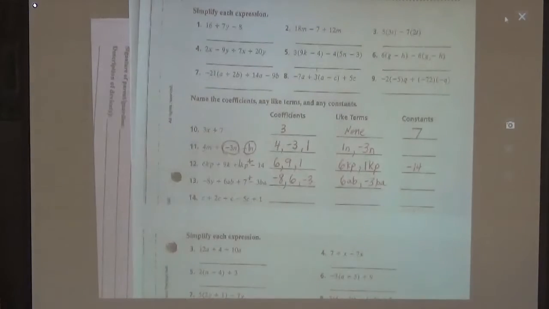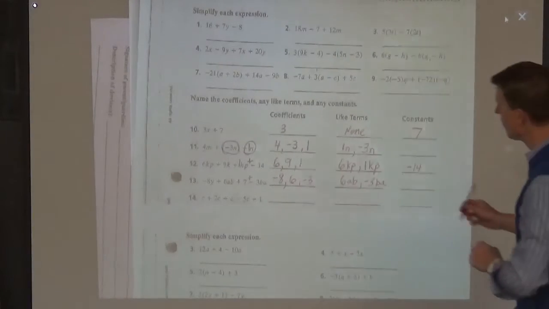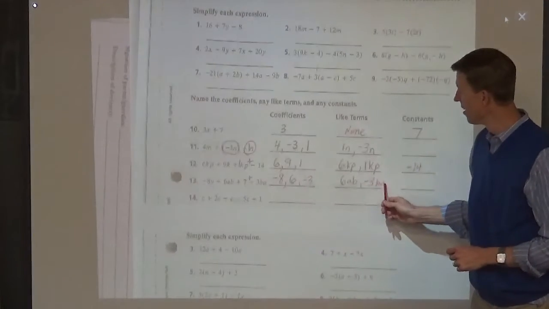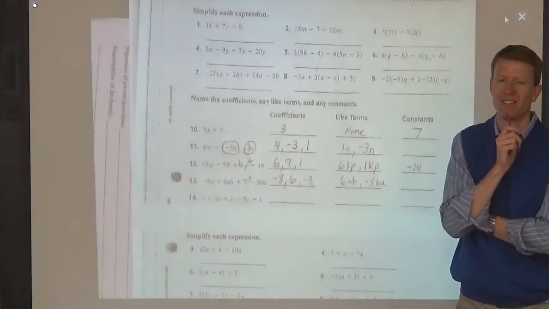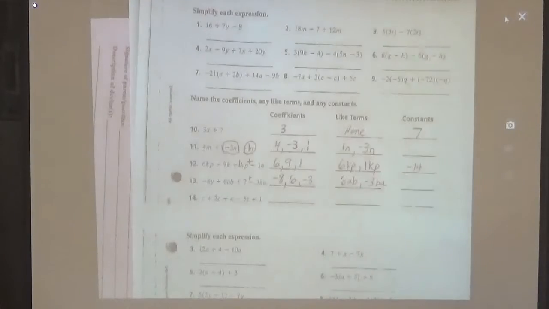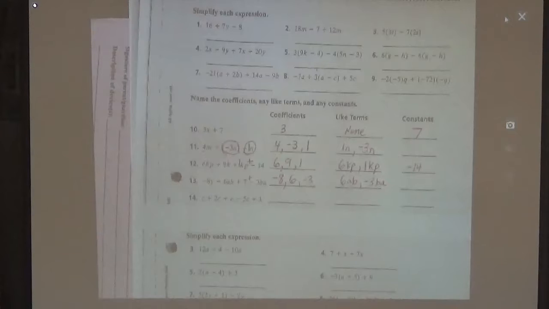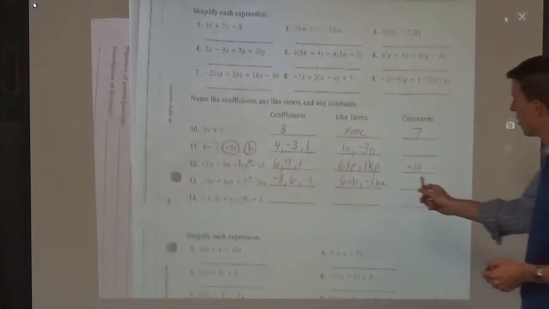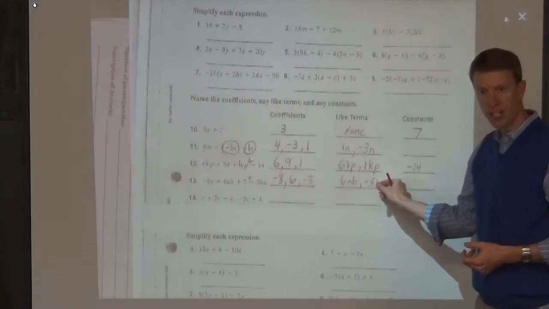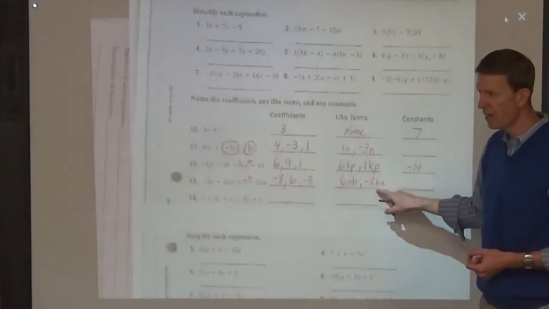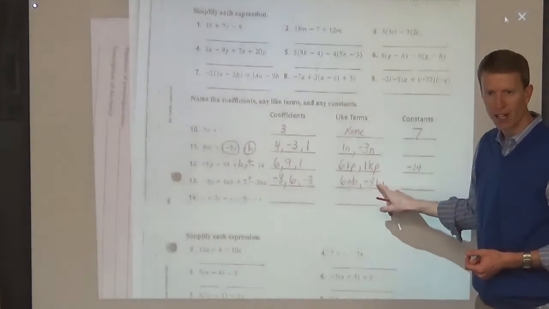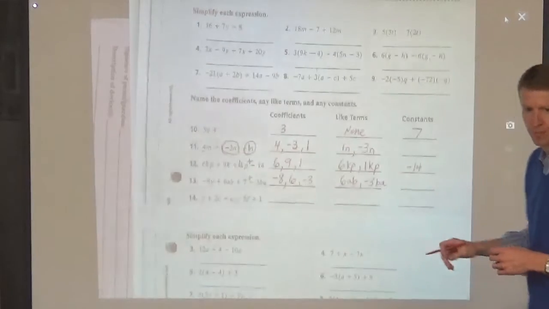They have the same letters, even though they're in a different order, because of what property? Bella? Commutative property of multiplication. Very good, Sophie. The commutative property of multiplication says we can change the order of multiplication because this says negative 3 times b times a. And this is the exact same variable expression then. Okay?